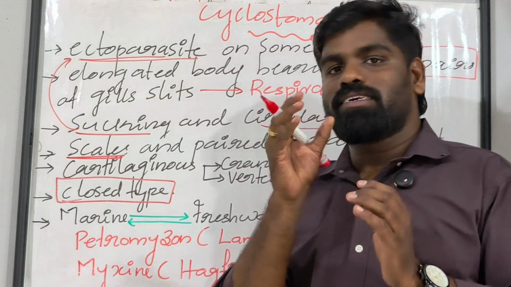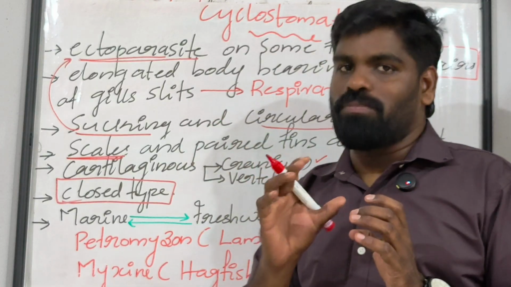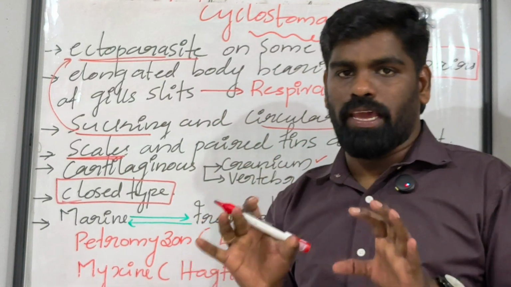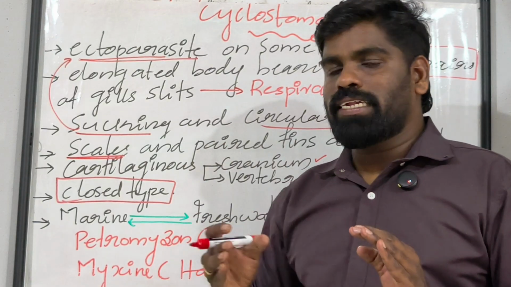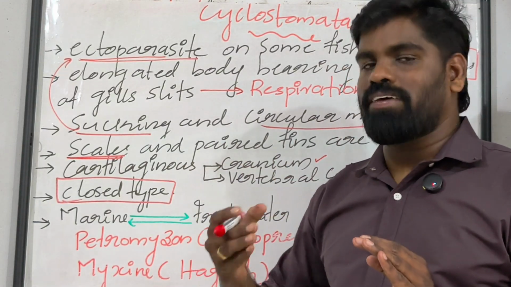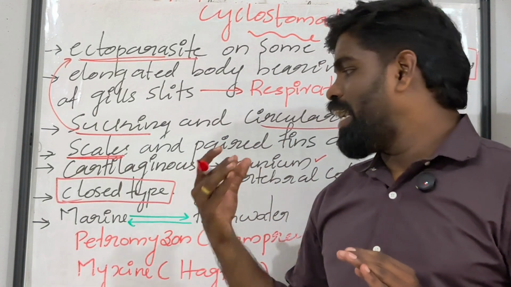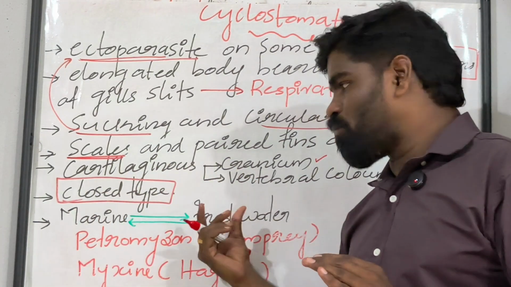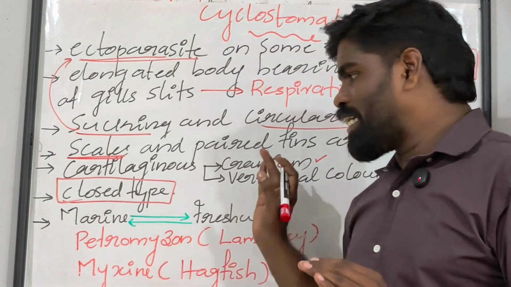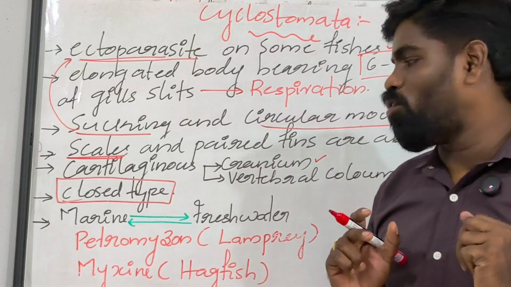After spawning, the adult cyclostome will die after a few days, and then the larvae undergo metamorphosis, convert to adults, and migrate from freshwater to marine. You keep this in mind, it is very important.